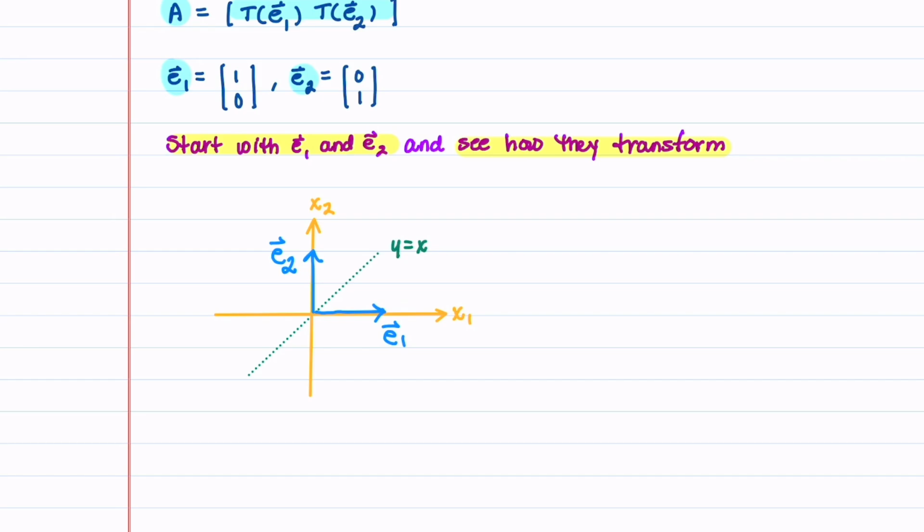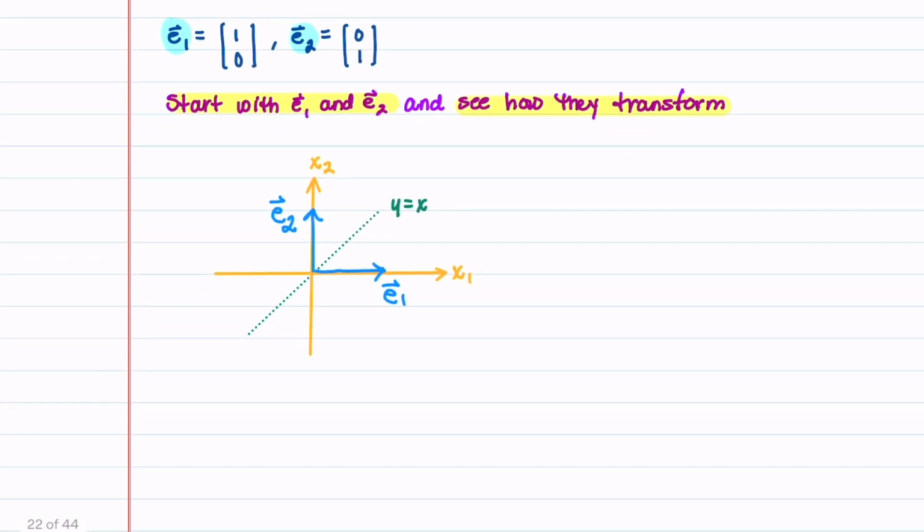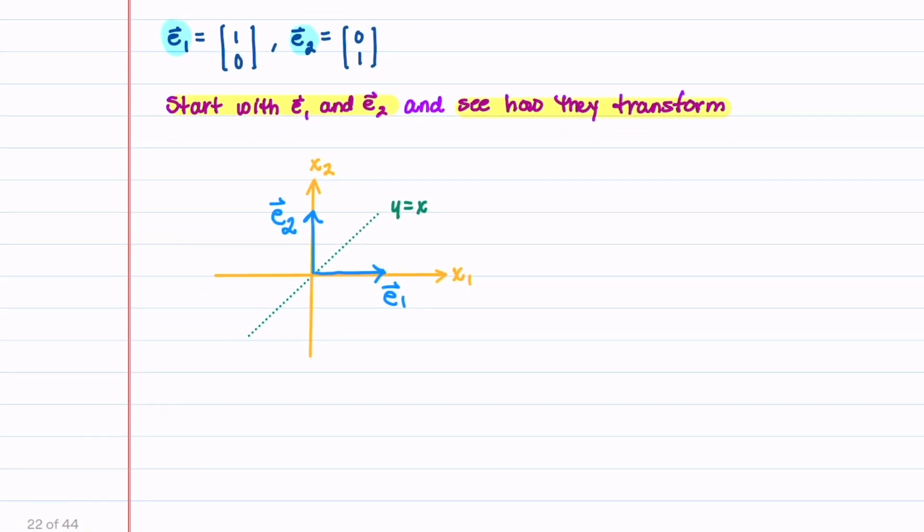Now let's look at our first transformation. We'll go back up. Our first transformation reflects points through the vertical x-axis. So we're going to be reflecting about this axis. E1 is going to stay the same because it's already on the x-axis. So let's label this, and we'll pick a different color here.